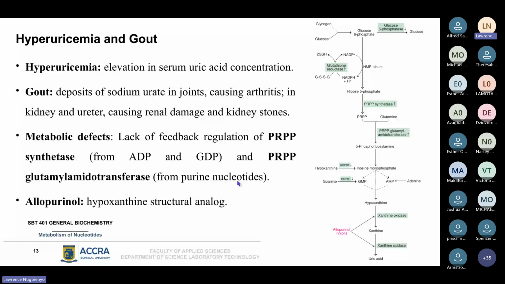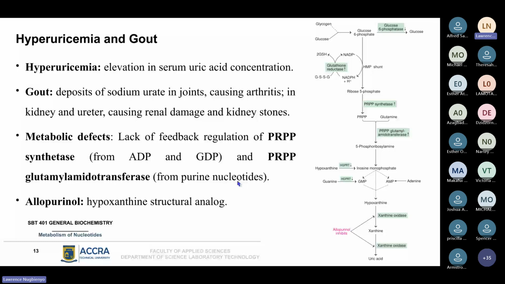But the elevated amounts of this uric acid can lead to deposition of the uric acid as its salts, usually as sodium salts of uric acid, which we refer to as sodium urate.